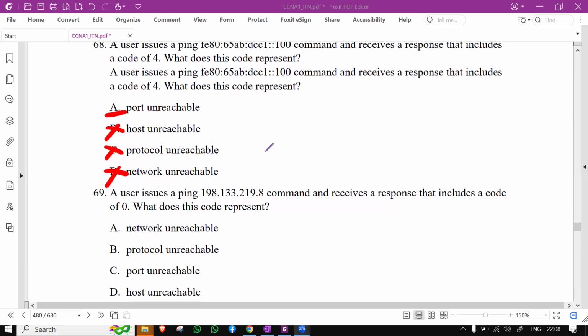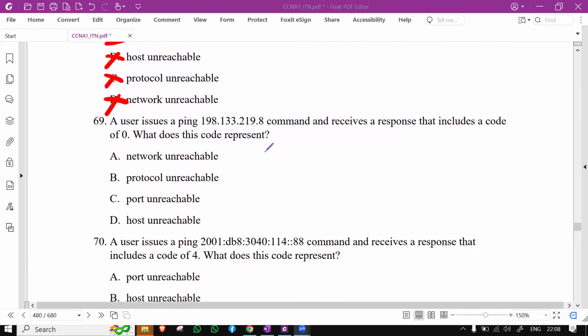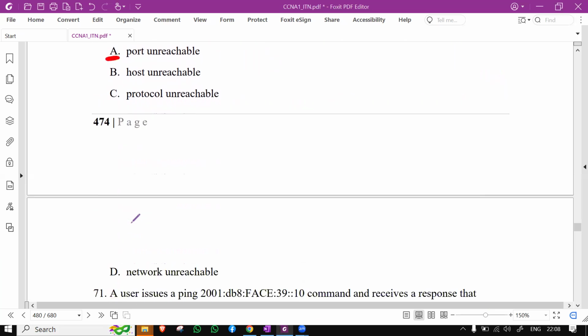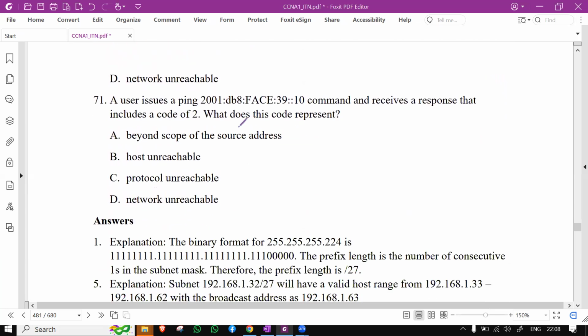Code 0, network. Code 4, port. Code 2, the firewall. It's not this one, it's not this one.